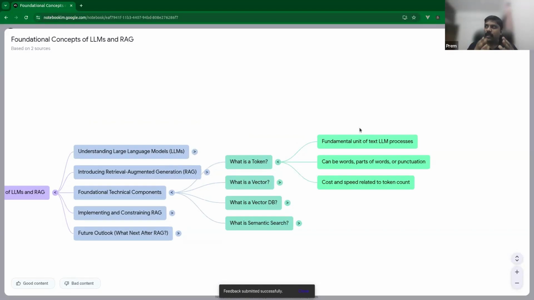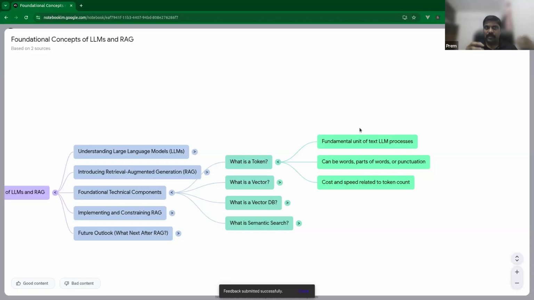It can be words or parts of words or punctuation, and it determines the cost of your process: how much you are going to pay for each question that you ask and the response that you get, and how fast your response is going to be. All these things are based on the tokens that you are using. So if you're using fewer tokens, less cost, faster.